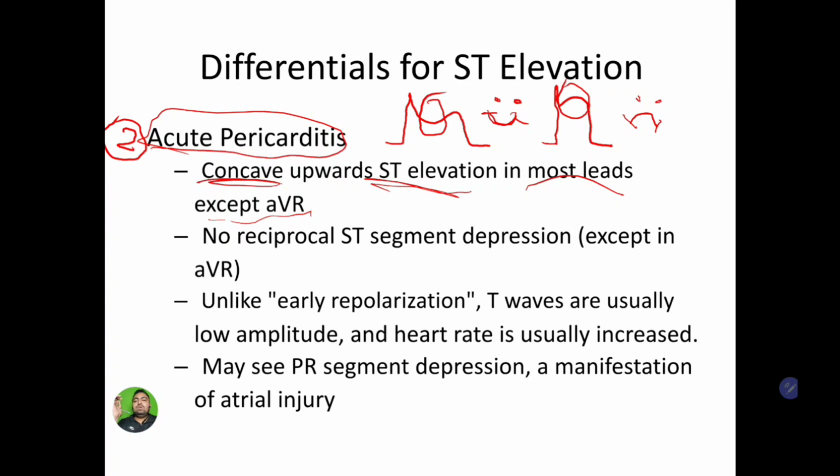But if it is a young boy, for example a 16 to 18-year-old, who has chest pain and you see ST segment elevation of this kind, you need not be worried, because this kind of ST elevation with concavity upwards is because of acute pericarditis and not because of acute myocardial infarction.